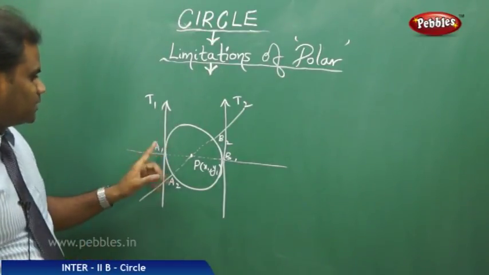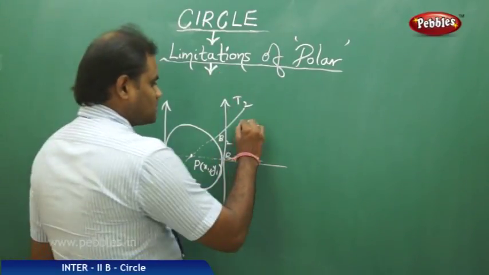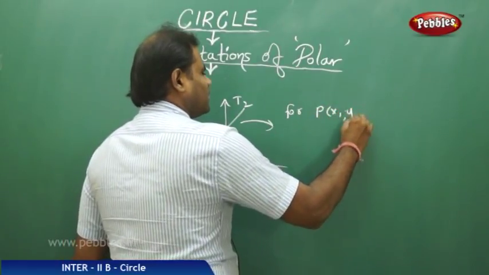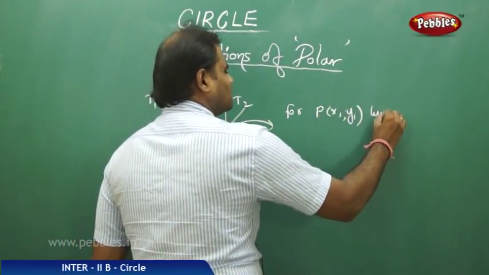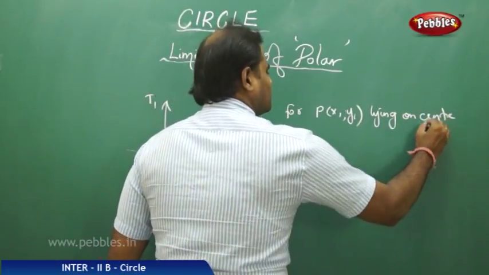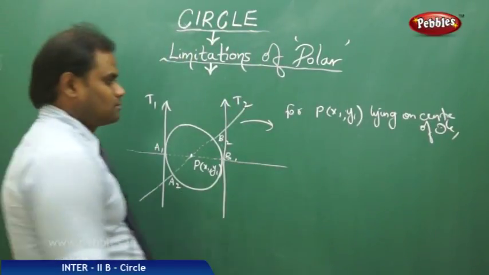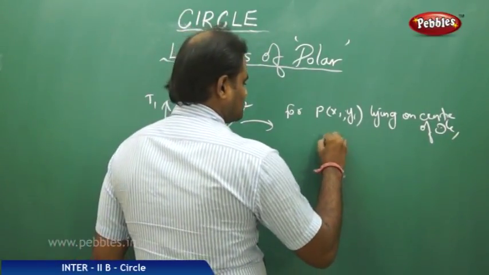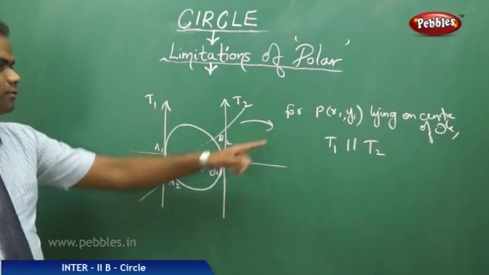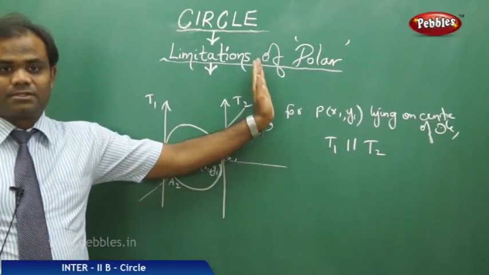But interestingly here, the two tangents are parallel. Since P (x1, y1) lies at the center of the circle, I get two tangents which are parallel. So for P lying at the center of the circle, I get a chord with a pair of tangents that are parallel.